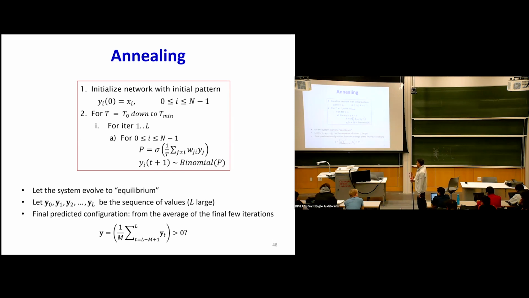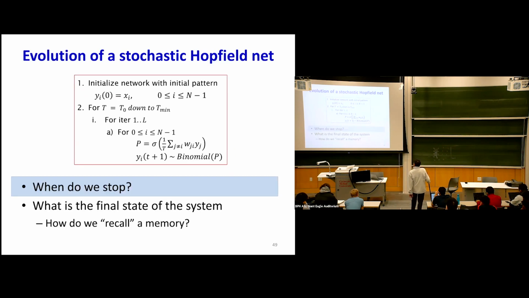At each step, you let the network evolve using that value of T, where each neuron is set to either 0 or 1 by drawing from a binomial distribution whose value is given by this. Sigma is the logistic function, and the argument is 1 over T times the affine field at the neuron. Once the system has finally evolved to the lowest temperature, you can just read off the last few steps of the evolution and take the average value as your prediction, right? So the whole thing kind of works.